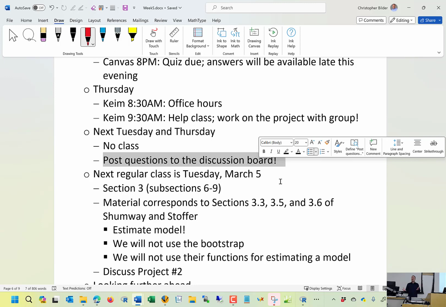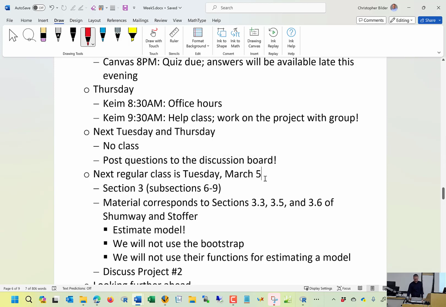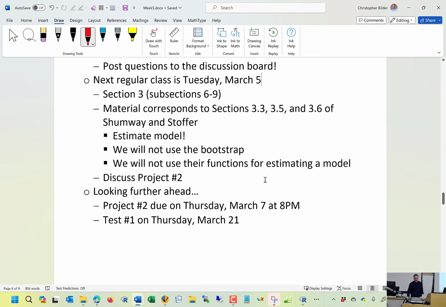I will obviously have computer access when I'm at this conference, and do know it might take me a little bit longer than normal to get back with you, especially if you post during the day, because during the day I'm in the conference, but in the evenings, if I remember right, there's no conference activities that are planned, so I should be able to get back with you then. So our next regular class is Tuesday, March 5th.